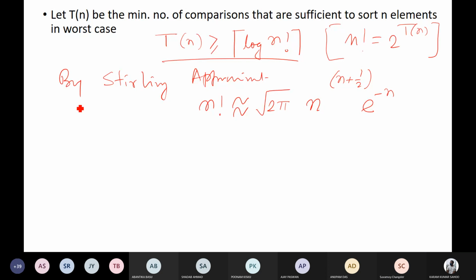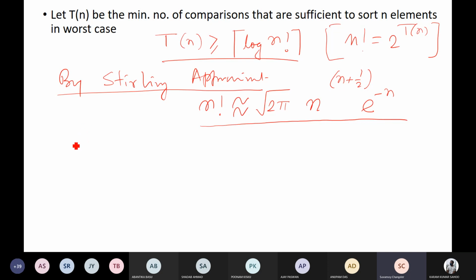Okay, this can be proved. Those who are interested in mathematics can check this, or I don't know whether it has also been taught to you in mathematics class. But for us, only this part is required, that factorial n can be approximated to this value.